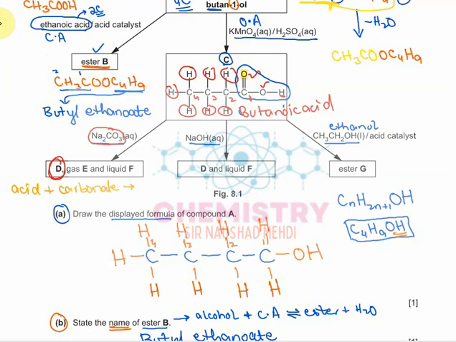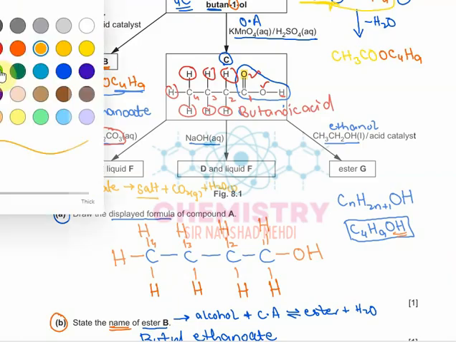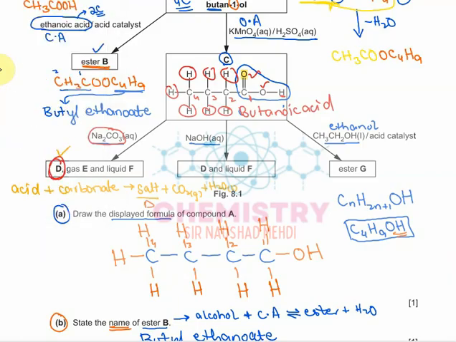You have studied this in the chapter on acids and bases. Acid and carbonate react together to form a salt plus carbon dioxide gas plus water, H2O. So three products are formed, and here you can see three options are given. D is obviously the salt. A gas E is formed, which is carbon dioxide, and the liquid F is water.